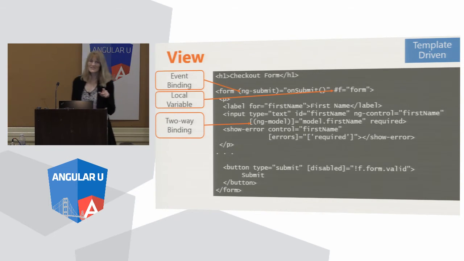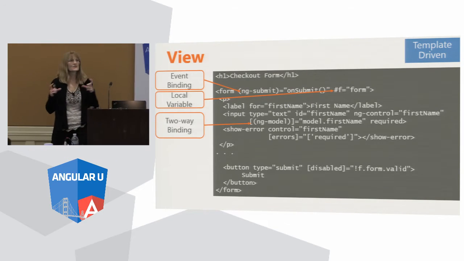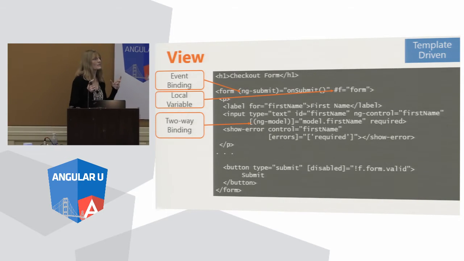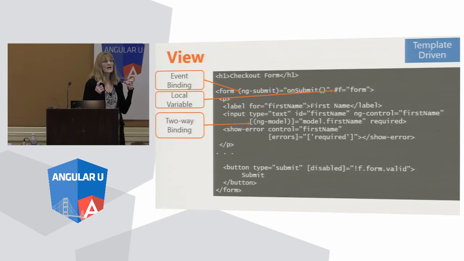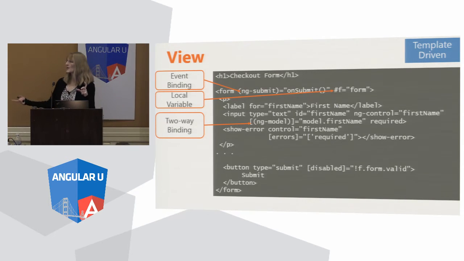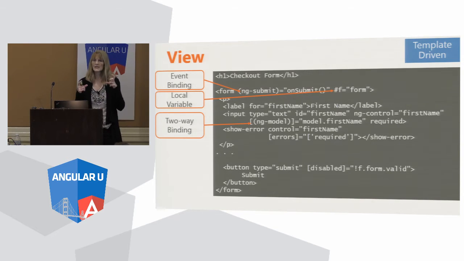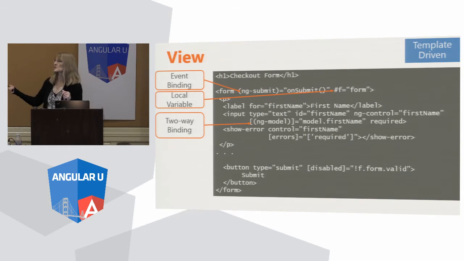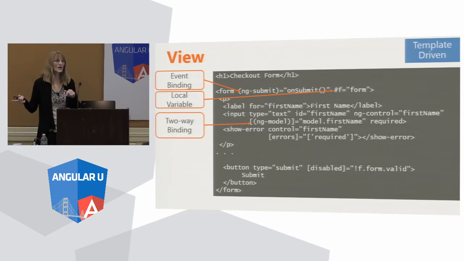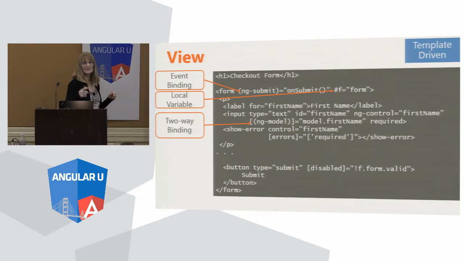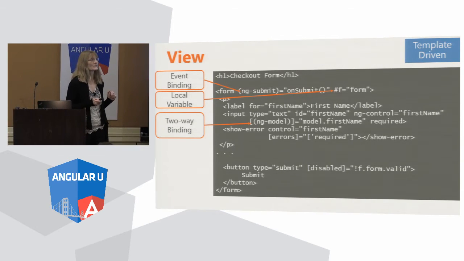What we have, in this example, is that the square brackets identify property binding. So that's the one-way binding from our model to our view. So we have the ability to get the first name field from our model and put it into that as a default value.